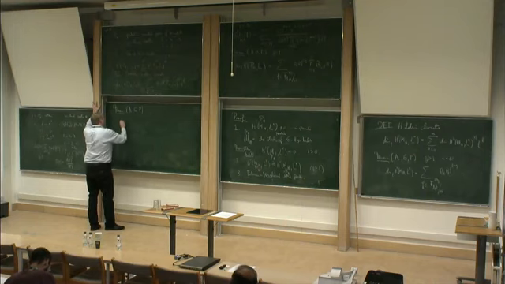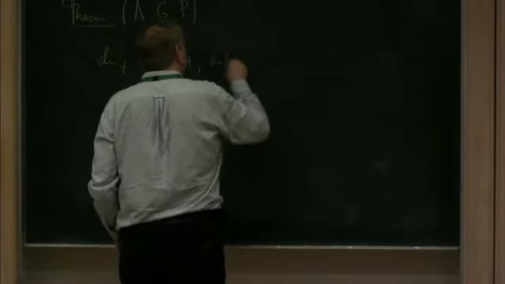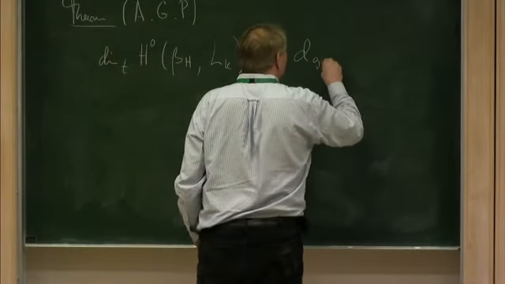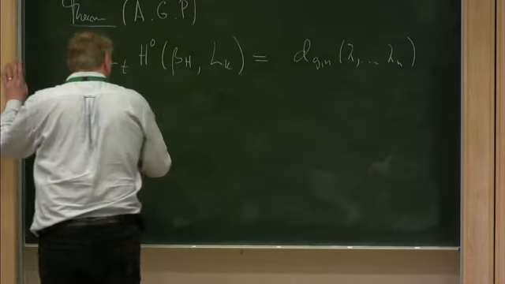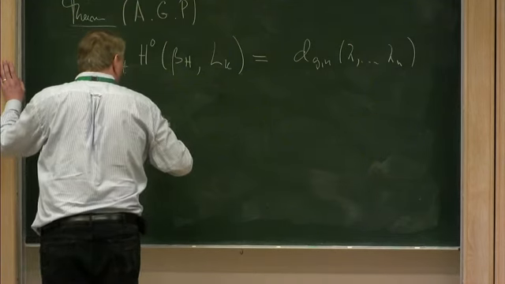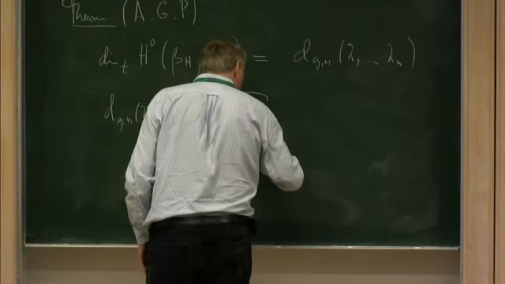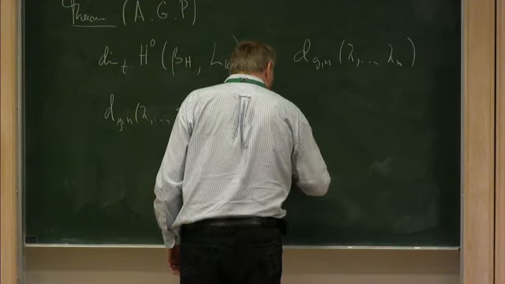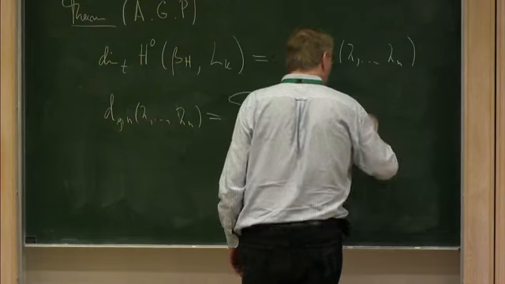If you take the Hitchin character, but you take the parabolic, you take the stack, then this is always equal to d g n lambda 1 up to lambda n, where d g n lambda 1 up to lambda n is just given by this formula: the sum over rho, t divided by the Weil group, theta t of f to the 1 minus g, and then this product.